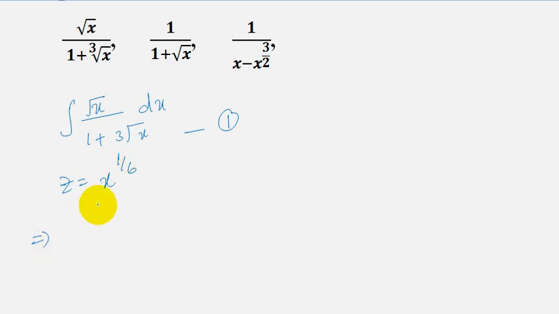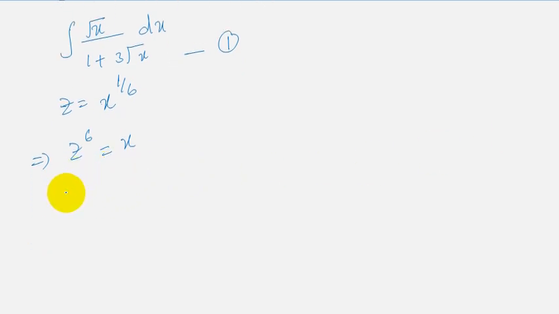In first step, we take power 6 on both sides. So, it becomes z^6 is equal to x. Now, we differentiate it with respect to x.